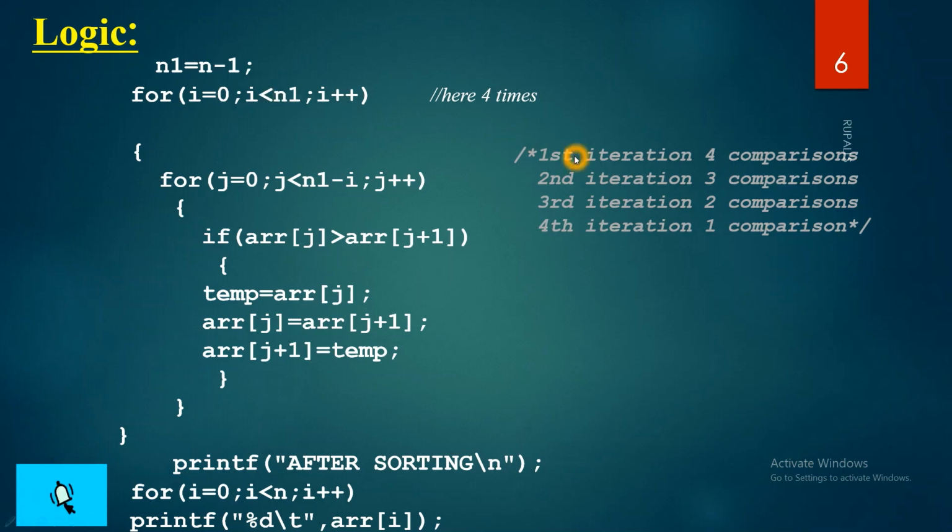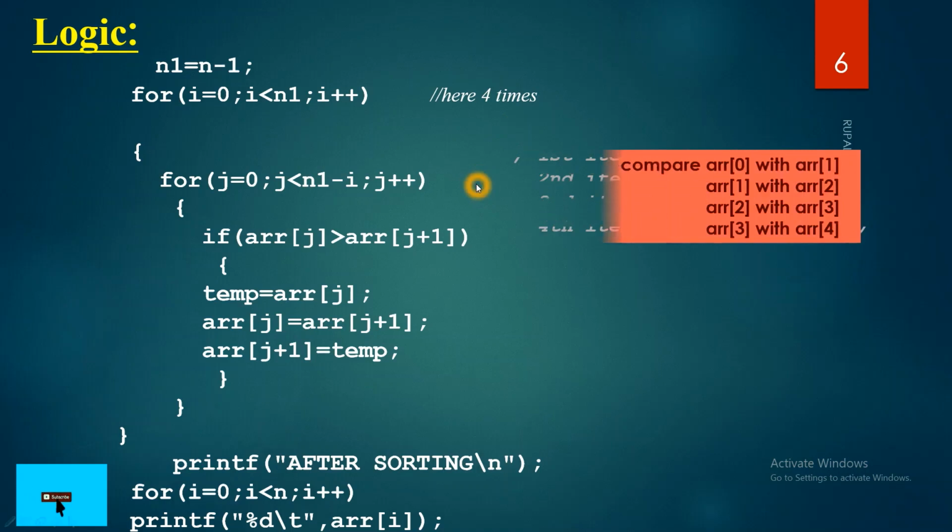And we already learned that the first iteration required 4 comparisons, the second required 3, the third requires 2, and the fourth requires 1 comparison. So how does this program work? For the first iteration, when i equals 0 and j equals 0, compare arr[0] with arr[1].